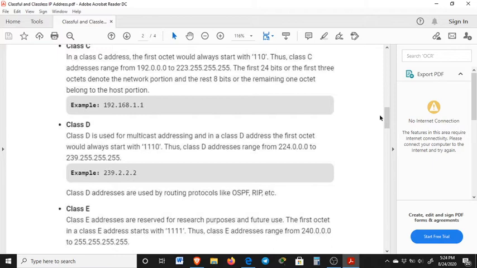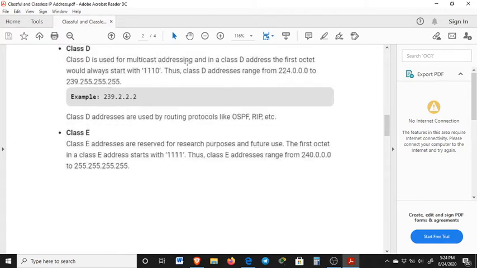And then we have class D, which is used for multicasting. The range is from 224 to 239. This is an example of a class D IP address.